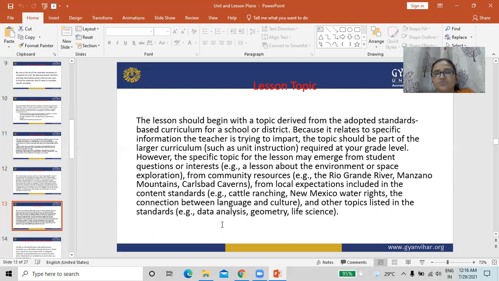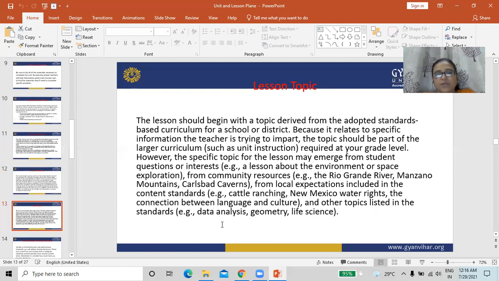The topic should be part of the larger curriculum required at your grade level. However, the specific topic for the lesson may emerge from student questions or interests.